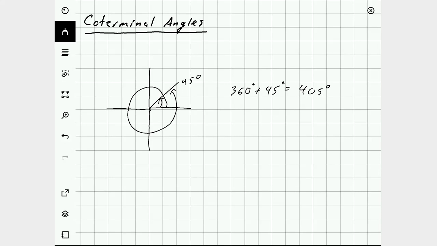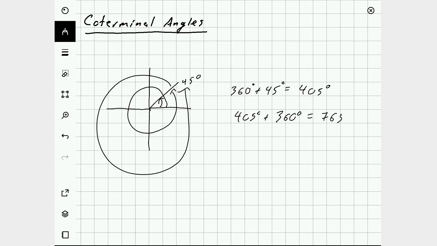Or maybe instead of just one loop, I made two loops before getting there, which would be 405 degrees plus another 360 degrees, which is 765 degrees.